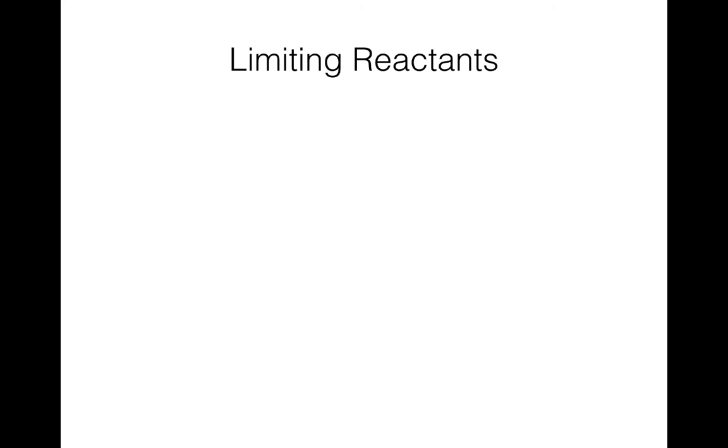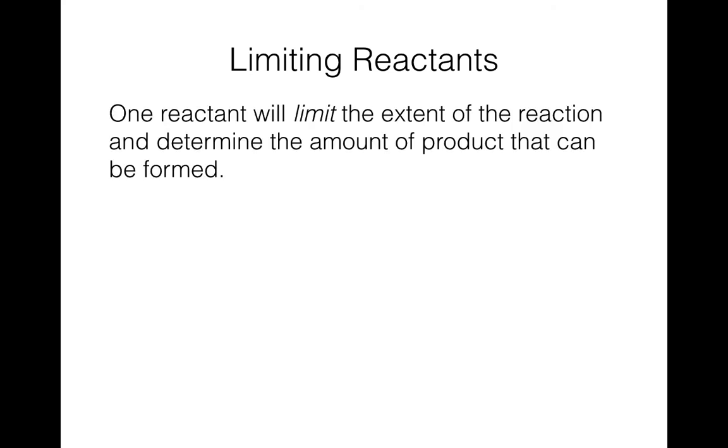So limiting reactants, we kind of talked about this concept in the percent yield video. All we mean when we say limiting reactants is that one of the reactants, right? You can have one or more, you could have two or three reactants in a chemical reaction. One of those is going to limit the extent of your reaction. So the other ones you'll have extra, right?